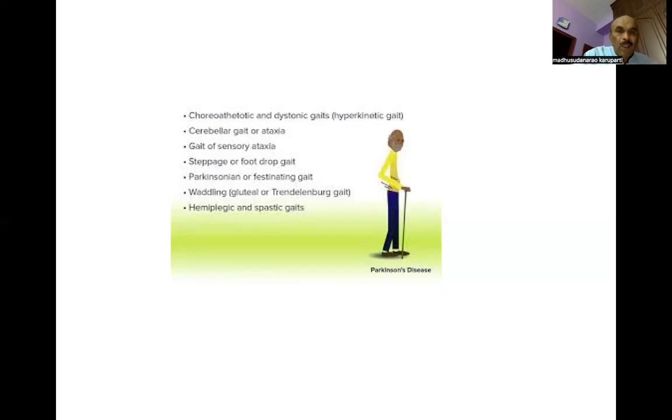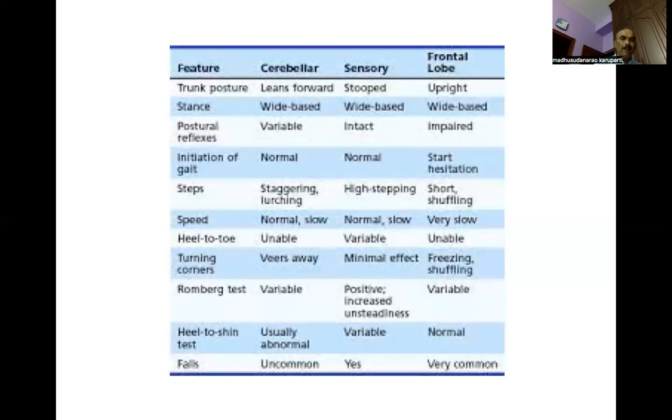Then step-page gait, commonly seen in foot drop; gait of sensory ataxia; cerebellar ataxia, which I told you; chorea and dystonic gait, seen in hypertonic, hyperkinetic gait. These are the various features of the different types of gait.